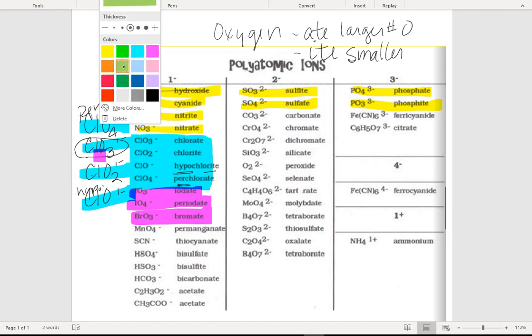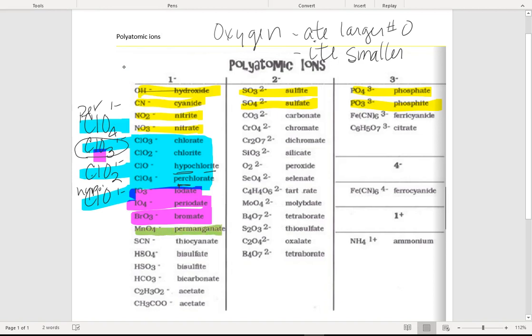Now we have one that makes no sense. Permanganate. Manganese is not in the column with the halogens, and none of the other transition metals have a per in front of it, but manganate does. This is permanganate. Now if we look at the other transition metals, molybdate is MoO4.